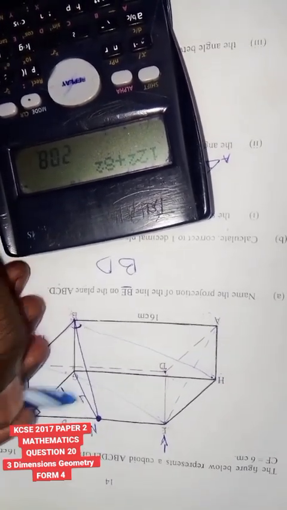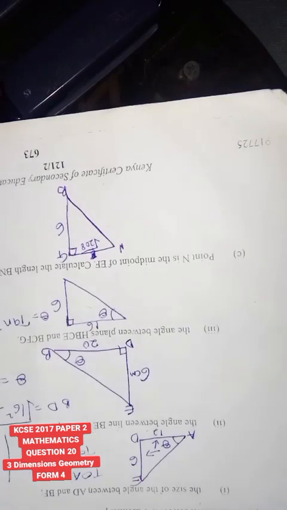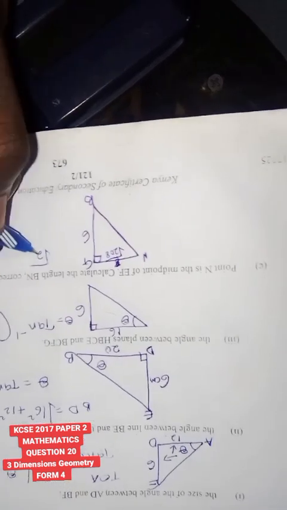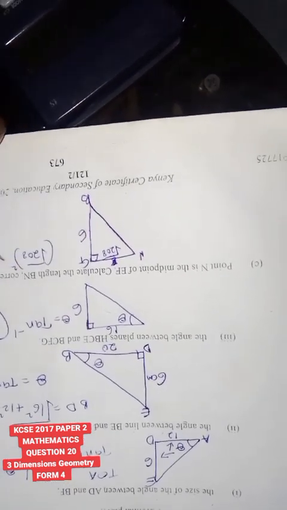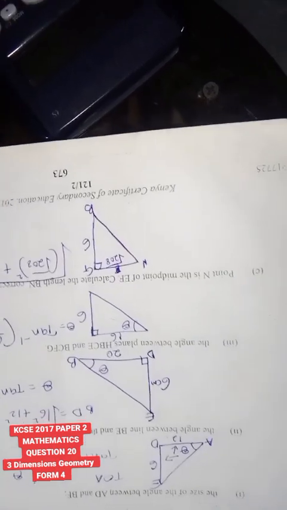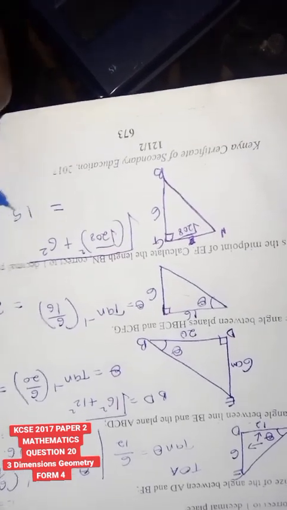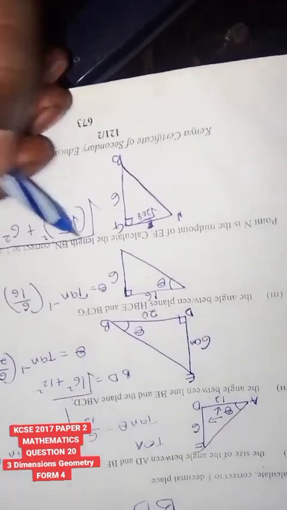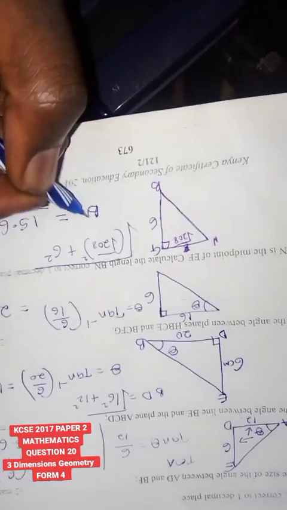Therefore, this is the square root of 208. Just to avoid errors, we're going to put it in this form: the square root of 208 squared plus 6 squared, then we find the square root of the whole thing. If I press on the calculator, I'm going to have 15.6 centimeters, because they're asking about the length of BN.